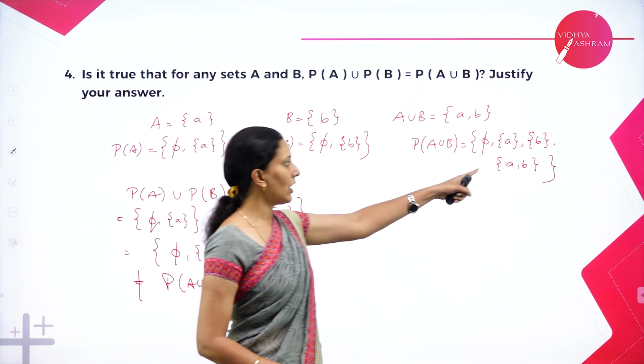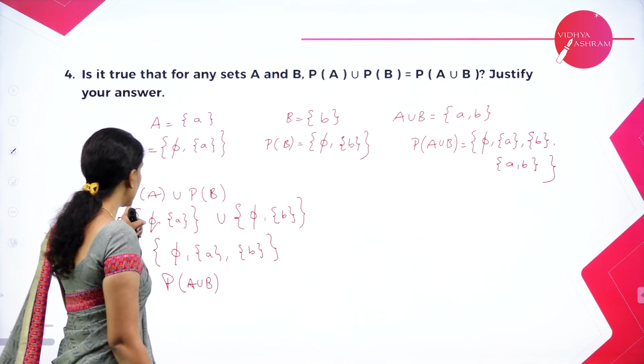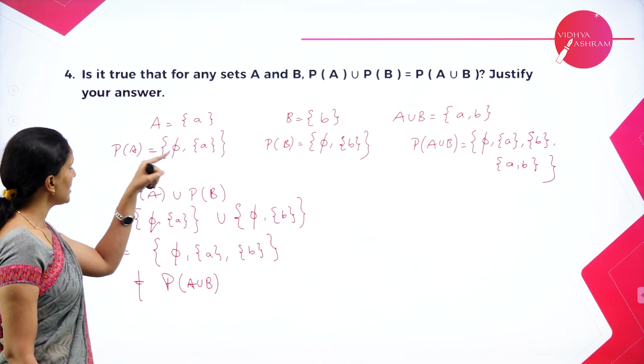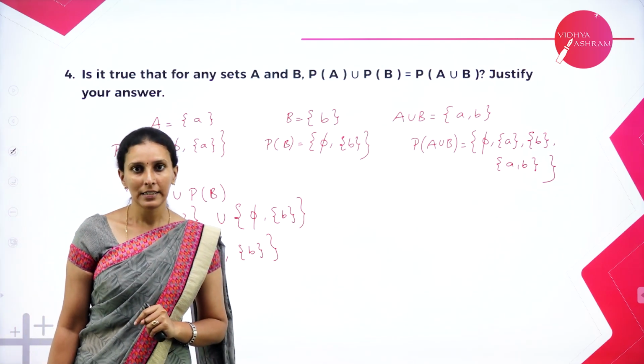Because we don't have the element {A, B}, which is inside the power set of A union B, in the union of the power sets of A and B. So clearly the given statement is false.